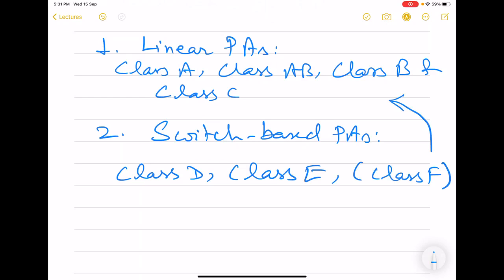And we will basically try to find out the drain efficiency for each of these cases, and then try to see which one is better. But we will see that some of them will turn out to be equivalent in terms of efficiency. So then the question arises, if, for example, class D and class E both have 100% drain efficiency, then why did we invent class E and so on?